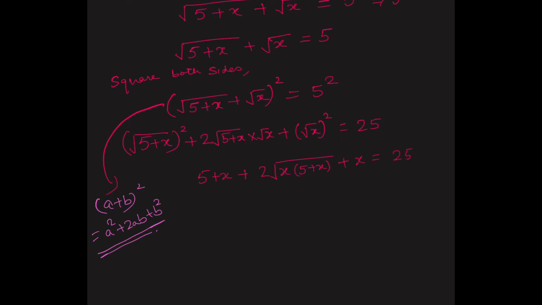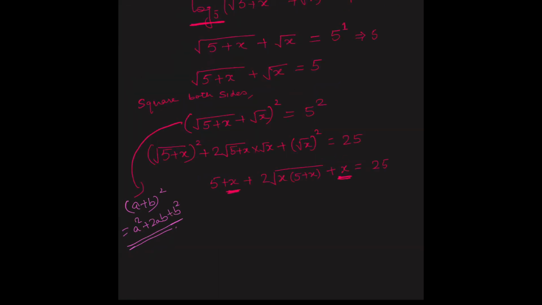We have 25. We can add x with x. So let's simplify: we are left with 5 plus 2x plus 2 square root of 5x plus x squared equals 25. Right, it's making more sense now.